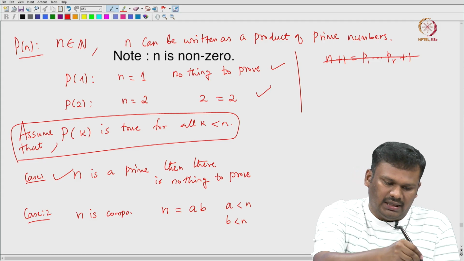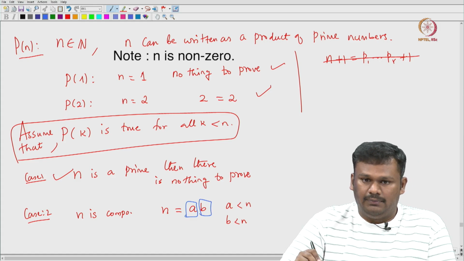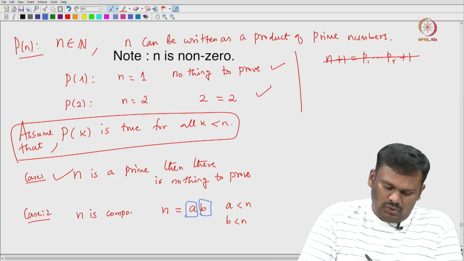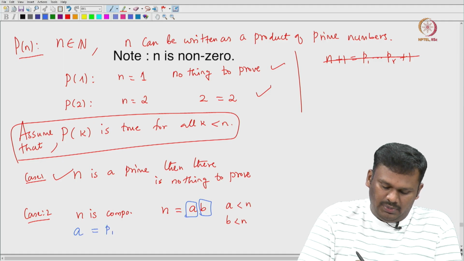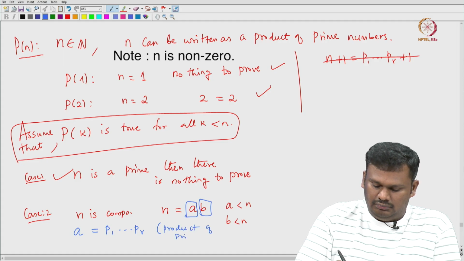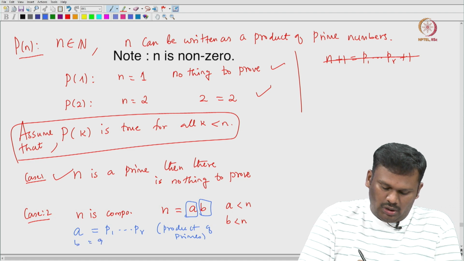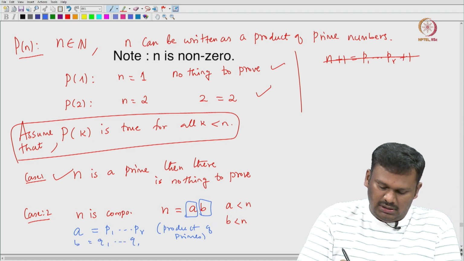We can use mathematical induction on a and then on b. Then that would imply a can be written as some p 1 etcetera p r, a product of primes, and similarly b can be written as a product of primes q 1 etcetera q s.